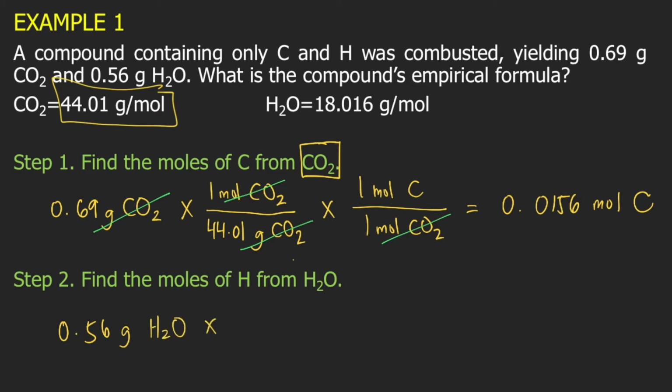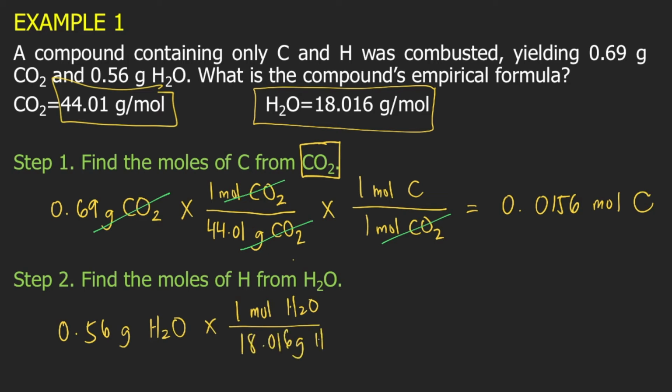Again, we need to use the molar mass of water to convert grams of water into moles of water. 1 mole of water is equivalent to 18.016 grams of water. So grams of water cancels out, and this leaves you with moles of water. Now, from water, we need to get hydrogen.